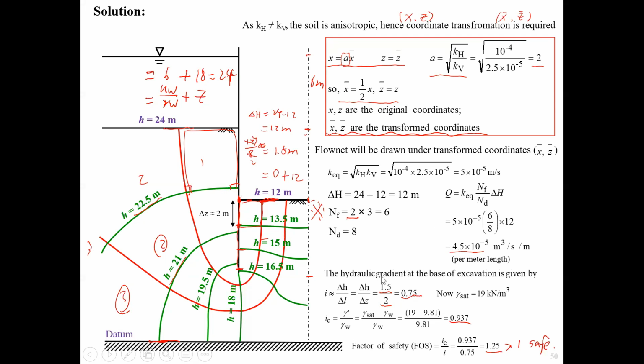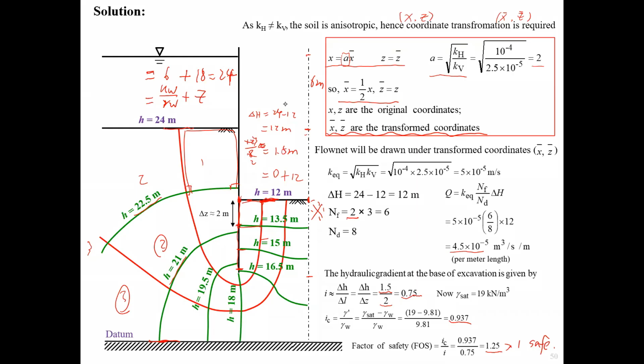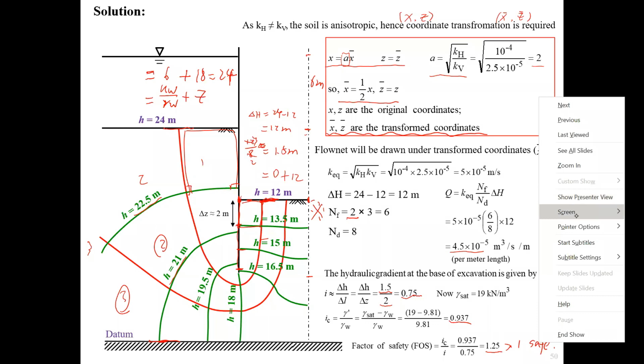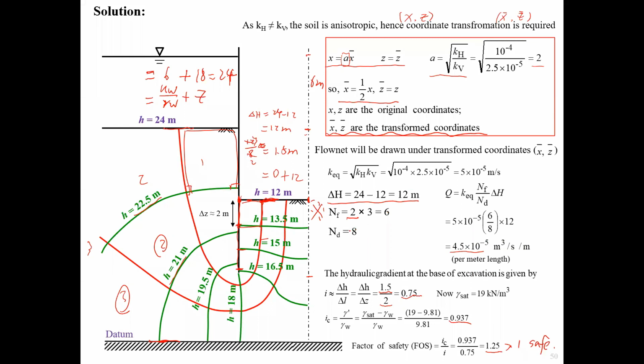I'm still not sure how you're getting the green H, the different meters. How are you calculating that? You see the height difference delta H is 12 meters. Have you got the height difference delta H? Yeah, this here. And then you count the number of head drops. That will be 8 head drops.